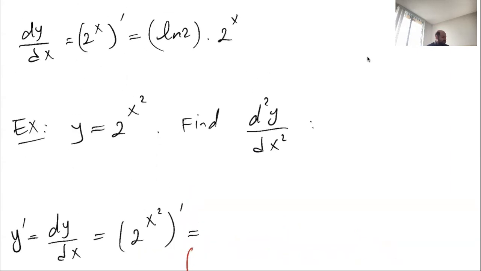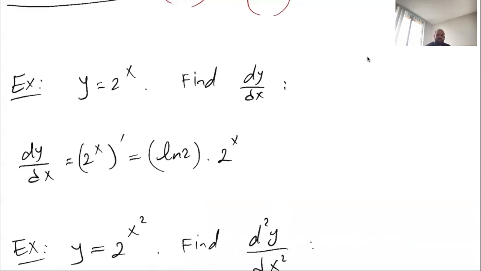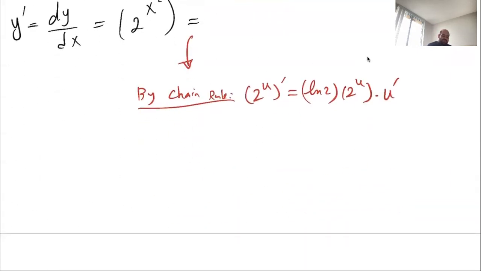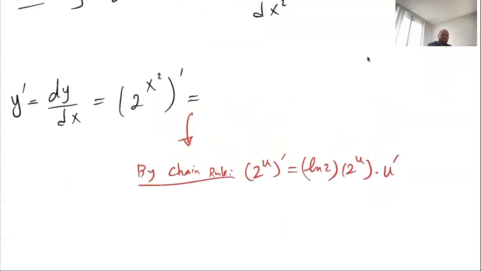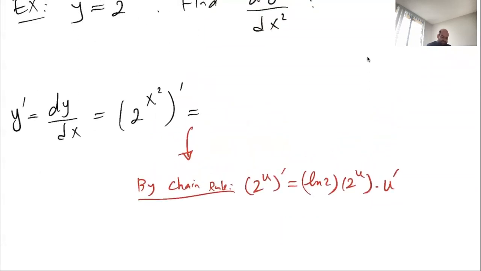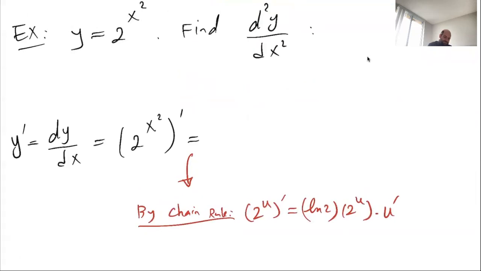Okay, so the derivative of 2 to power x is ln2 times 2 to power x. Therefore, the derivative of 2 to power u is ln2 times 2 to power u times u prime. So here u is x squared. So the derivative of this function is ln2 times 2 to power x squared times the derivative of x squared.